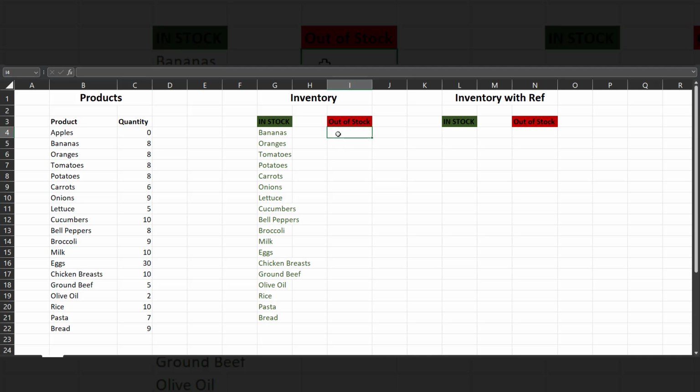So for us to look at products out of stock, we follow the same formula.